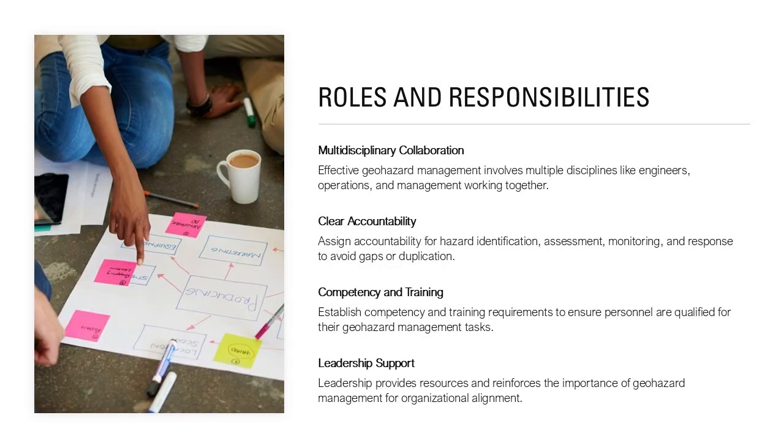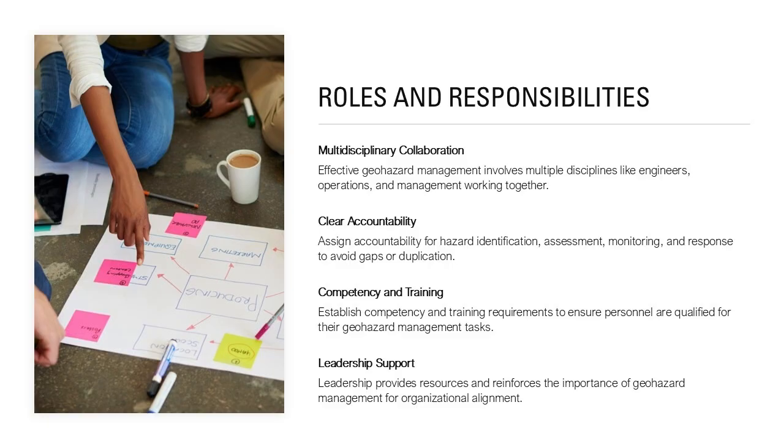Clear definition of roles and responsibilities is essential for effective geohazard risk management. Multiple disciplines and organizational levels are involved, including geotechnical engineers, pipeline engineers, operations staff, integrity management teams, and management. API-RP 1187 encourages assignment of accountability for key activities such as hazard identification, assessment, monitoring, and response.